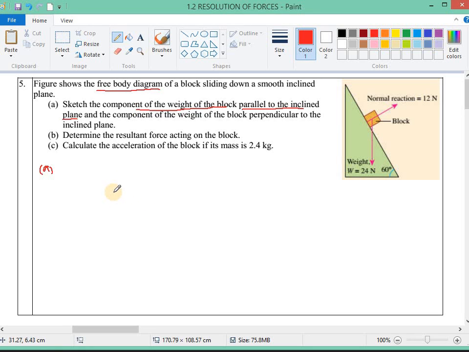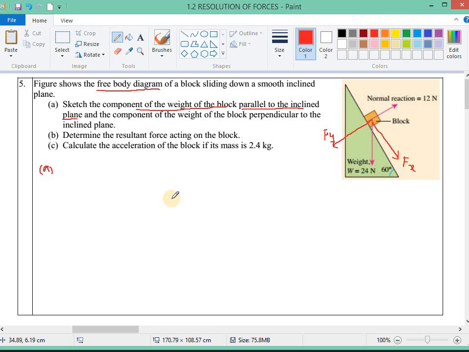Okay, so first we sketch the component of the weight. Because this is the weight, one component is like this. This is the x component, and another component is in this direction. So this Fx and Fy, they are both the component forces of weight.